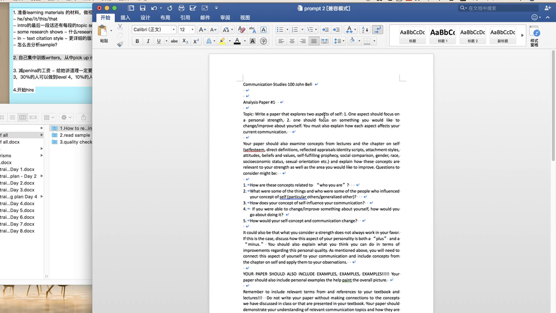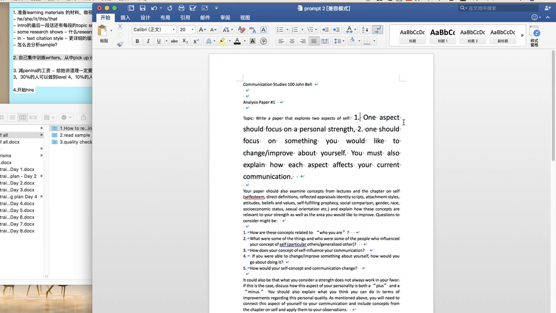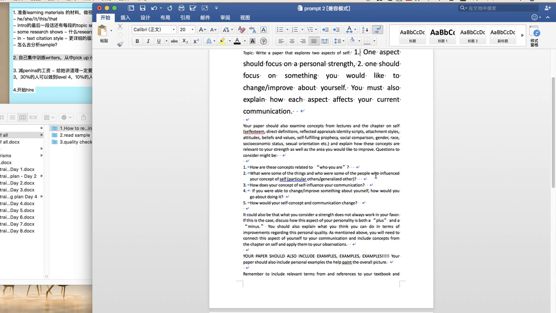For example, it said write a paper that explores 2 aspects of self, 1 and 2. What you should do is make the word size bigger, because this is your writing content.